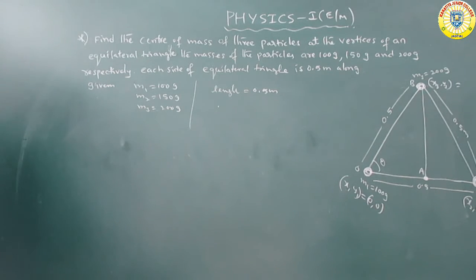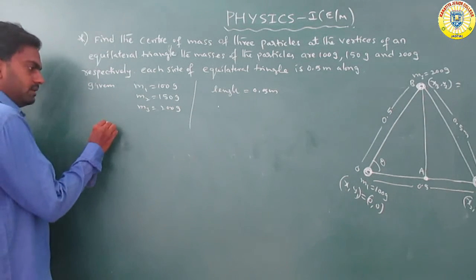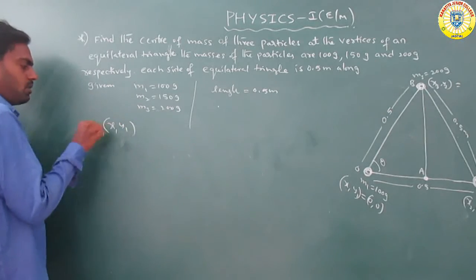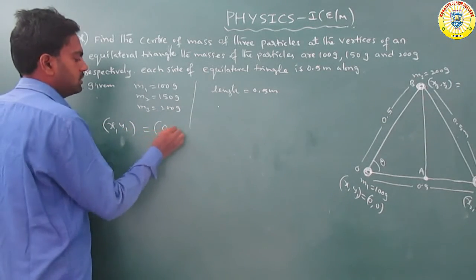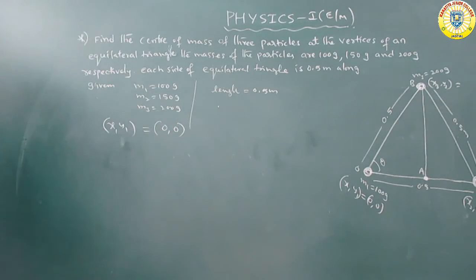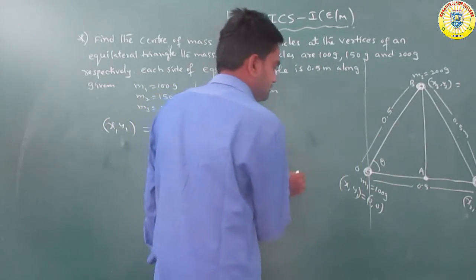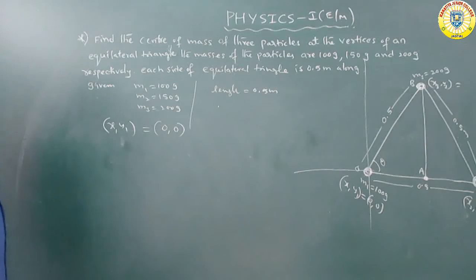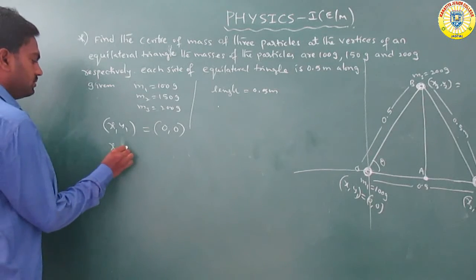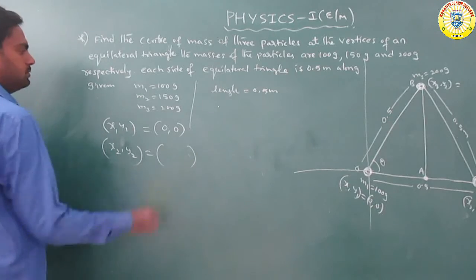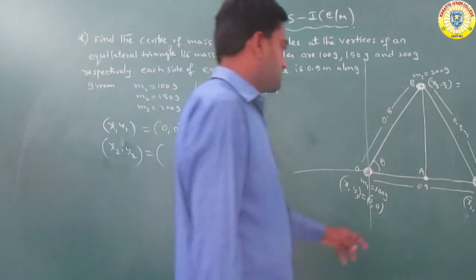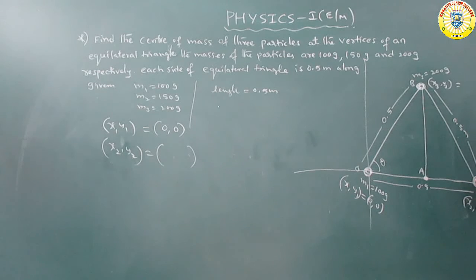So now here, m1 at x1, y1. The coordinates of x1, y1 are 0, 0, because the first particle is taken at the origin. Now to find x2, y2: x2 is on the x-axis, so x2 is equal to 0.5, the length, and the particle is placed on the x-axis, so y2 is 0.